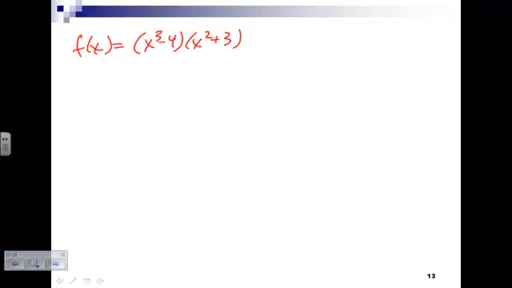X squared plus 3. So we look at it and see that this function starts out as the product of two distinct functions. So when we go about finding the derivative of this, it's going to be the first times the derivative of the second.